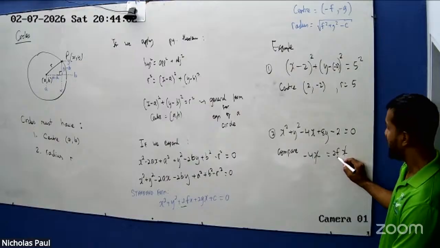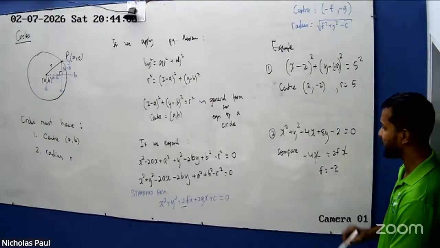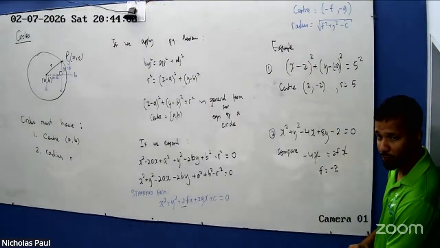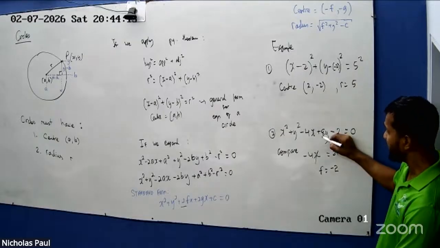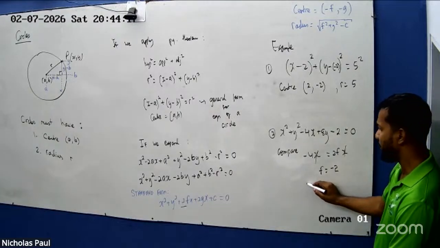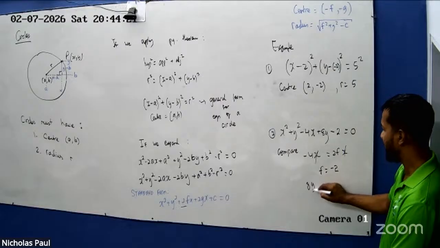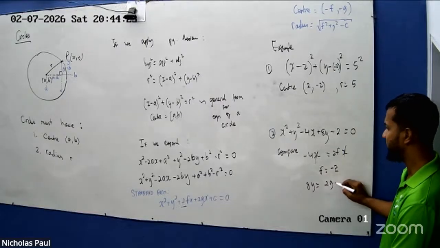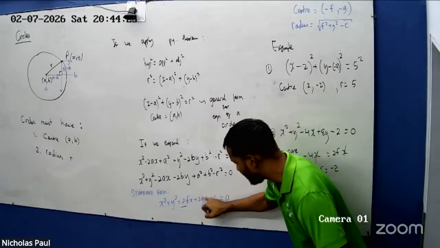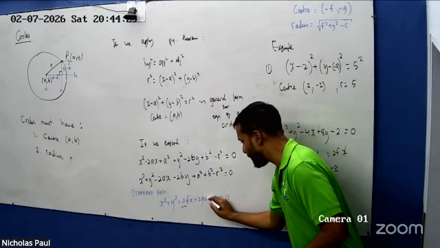Moving the 2 across, f is minus 2. Are you okay with that? Same thing, you compare 8y with 2g. Sorry, I made a mistake here. That should be a y. Let's go back and fix it now. That should be a y.